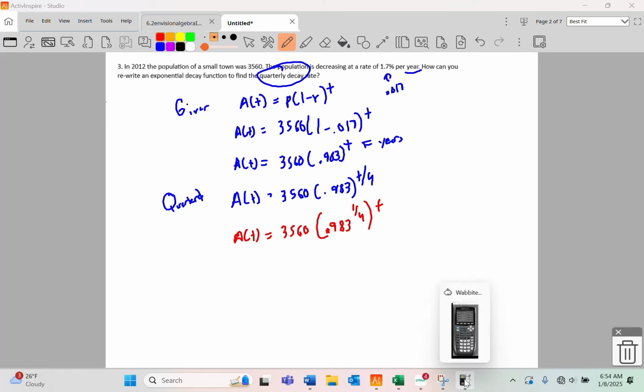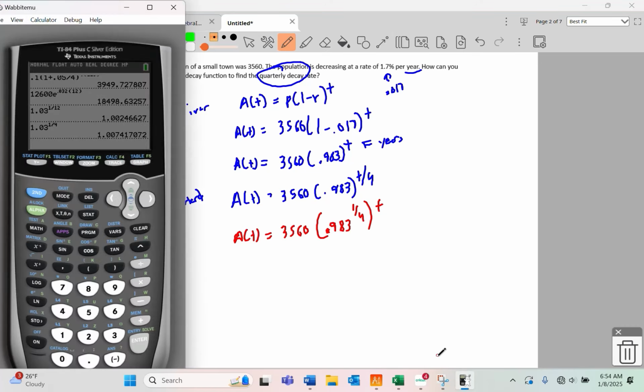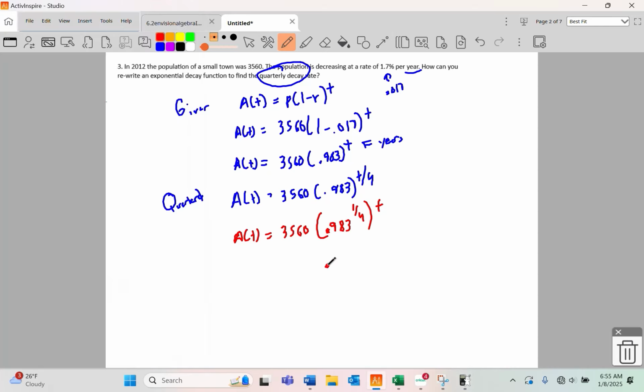Now, the issue with these models is we end up doing a lot of rounding. These are rounded numbers. So 0.9957. But now the time is in quarters. And the quarterly decay rate, which is what it's asking for.